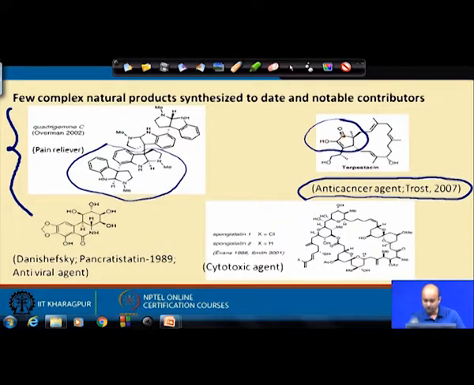You have alpha beta unsaturated ketones. Molecules like pancreatistatin in 1989 have been synthesized, spongistatin has been synthesized. Those molecules are quite big, and you can have sufficient challenges to synthesize them if you are equipped with huge resources.